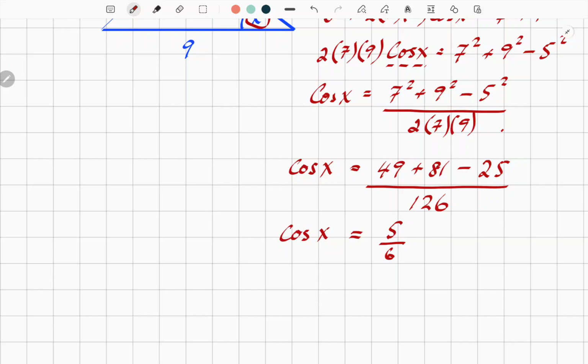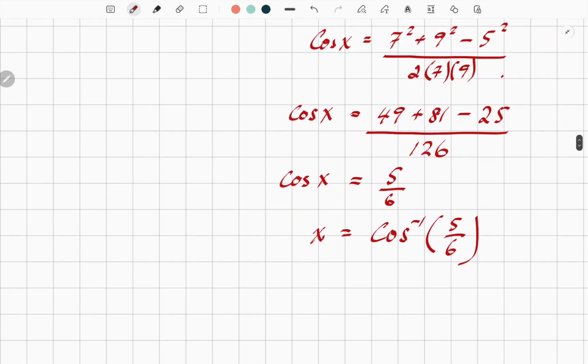Not bad for a random triangle. And then the final step is just to do inverse cos of 5/6. Does that make sense? Yeah? See where we've come to on that. So inverse cos of that, and we get x equals 33.557... So you would write that as your GCSE answer, to 3 significant figures, 33.6.